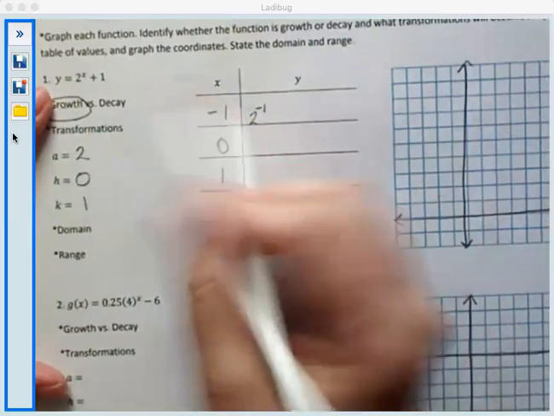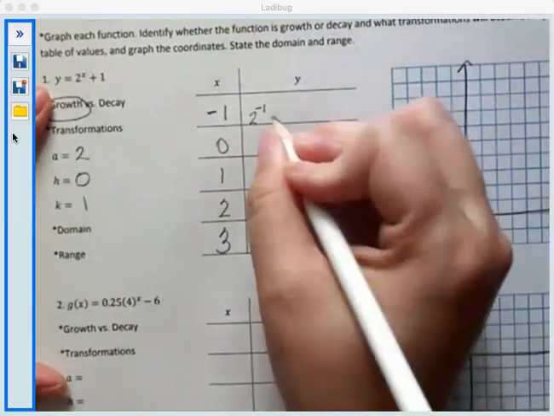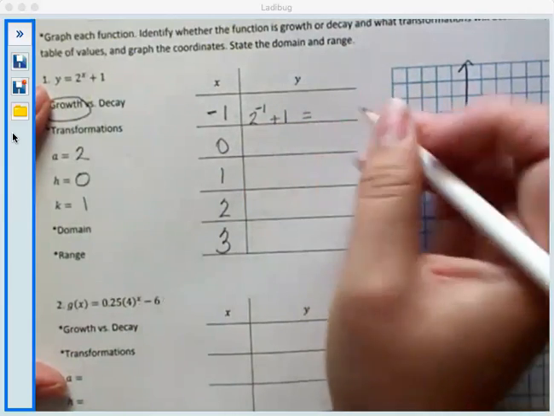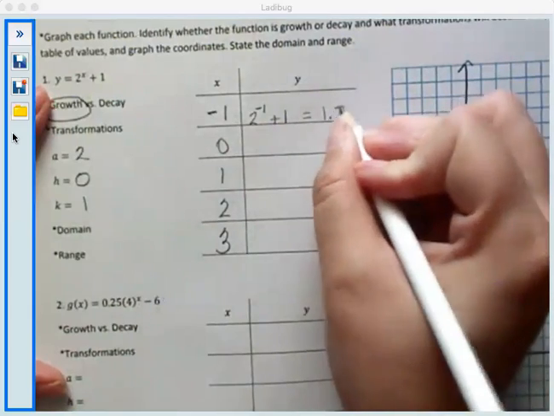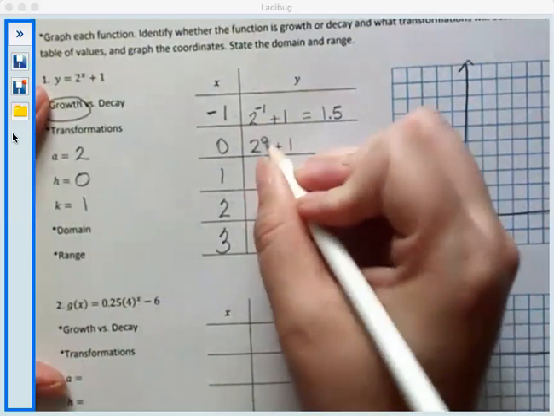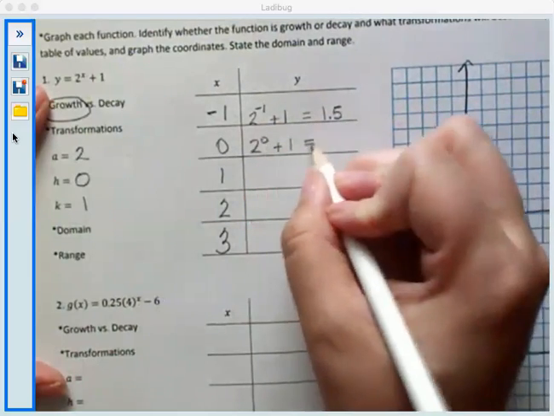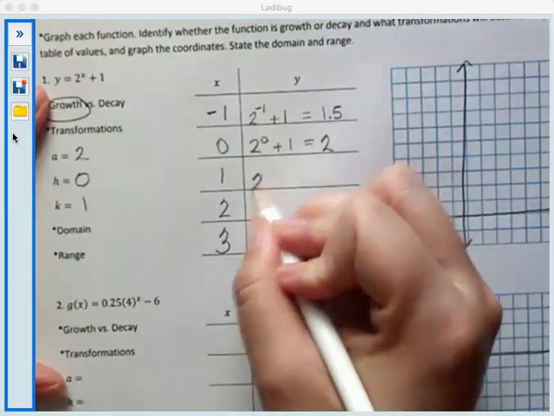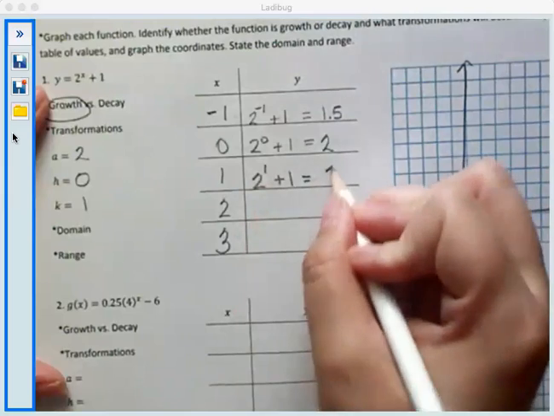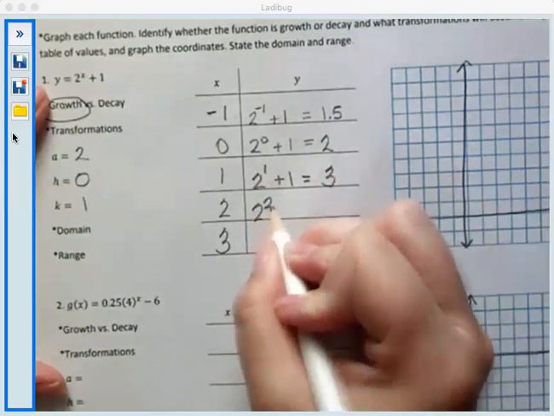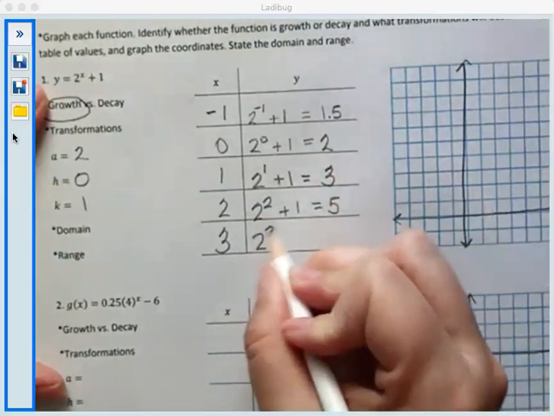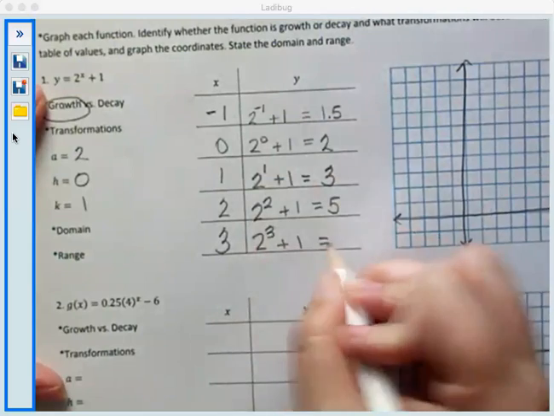I'm just replacing my x value in place of x to solve for y. 2 to the power of -1 is 0.5, plus 1 is 1.5. 2 to the power of 0, anything to the 0 power is 1. 1 plus 1 is 2. 2 to the power of 1 is 2, plus 1 is 3. 2 squared is 4, plus 1 is 5. 2 cubed is 8, plus 1 is 9.